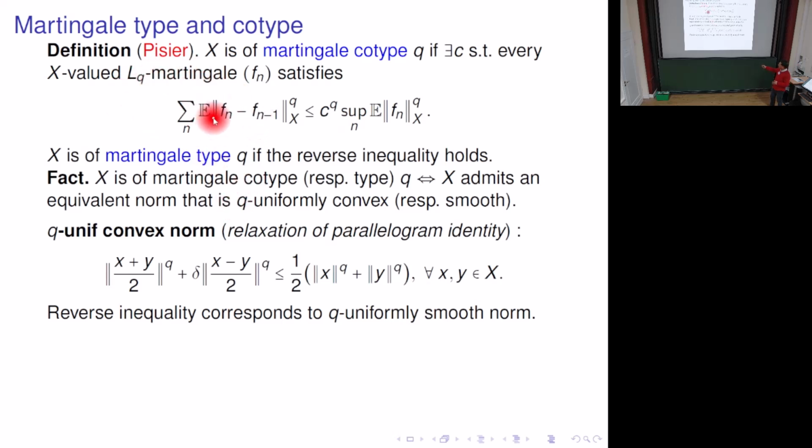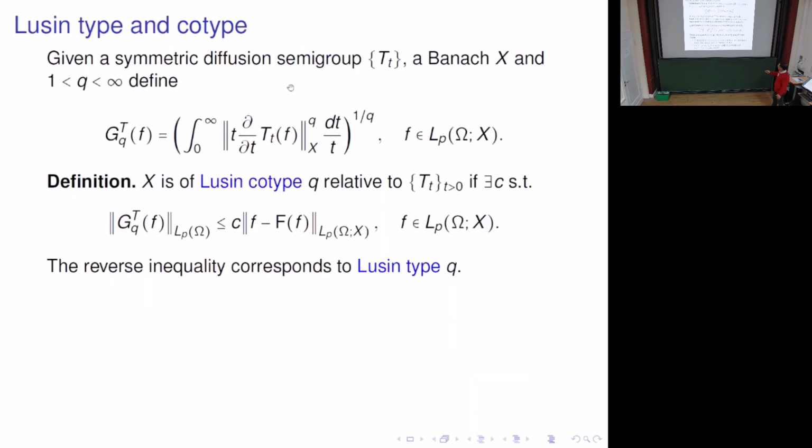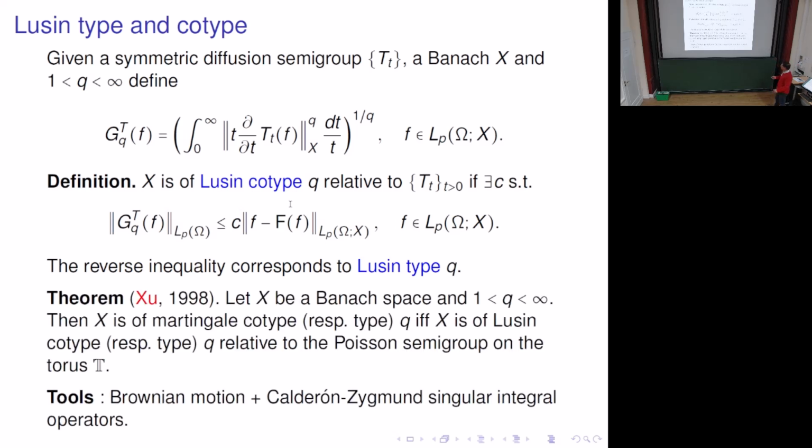Of course, you have to further remove this expectation for the so-called Q variant, to the power 1 over Q. Then you can take the epsilon, it is the same. Of course, the precise definition should also mention the P in this definition. But in fact, the definition doesn't depend on P.